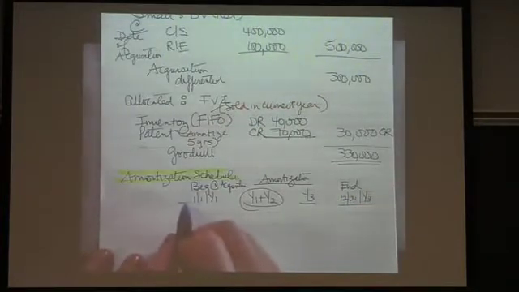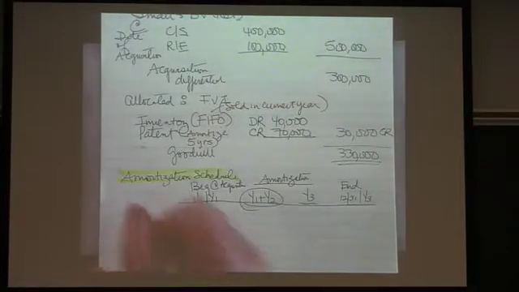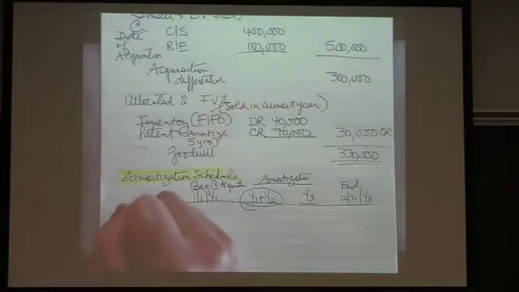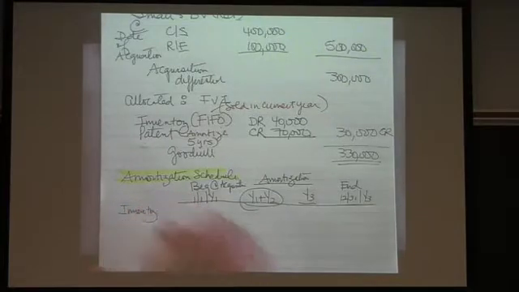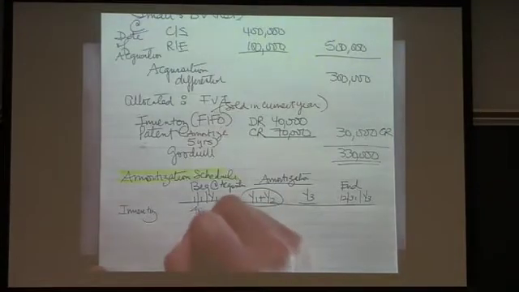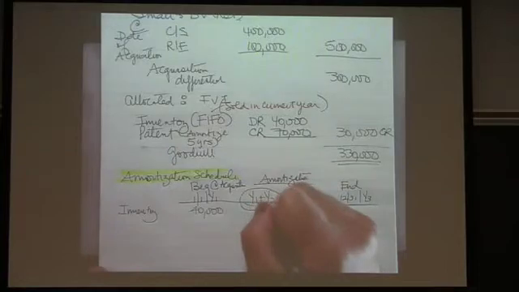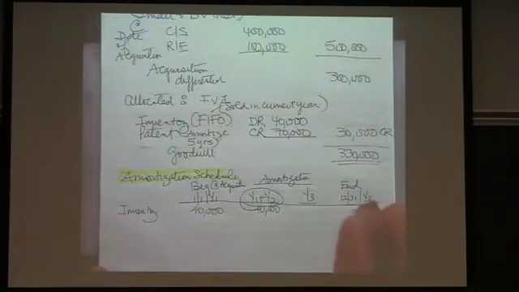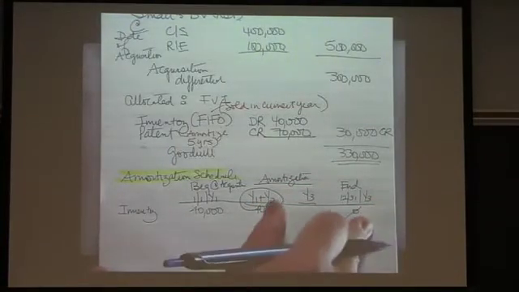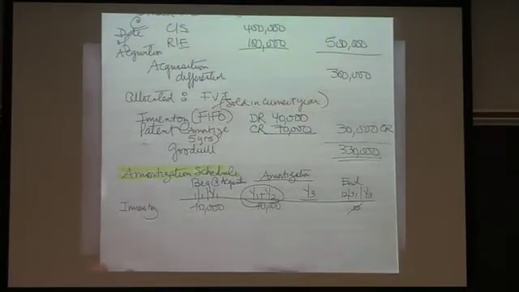So we've got inventory, and the balance of inventory is $40,000. And we're going to assume that that got realized in year 1, and the ending unamortized acquisition differential is 0.